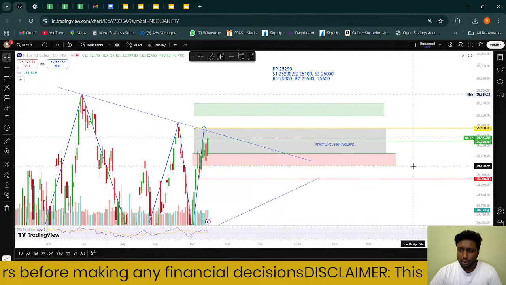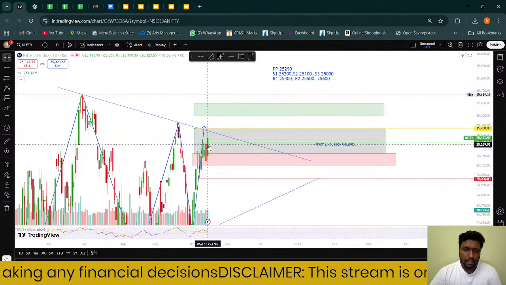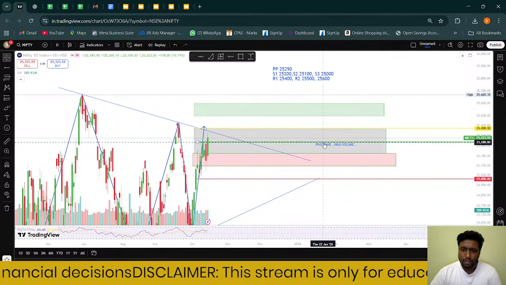As usual, you can see that yesterday Nifty closed clearly above today's pivot line.